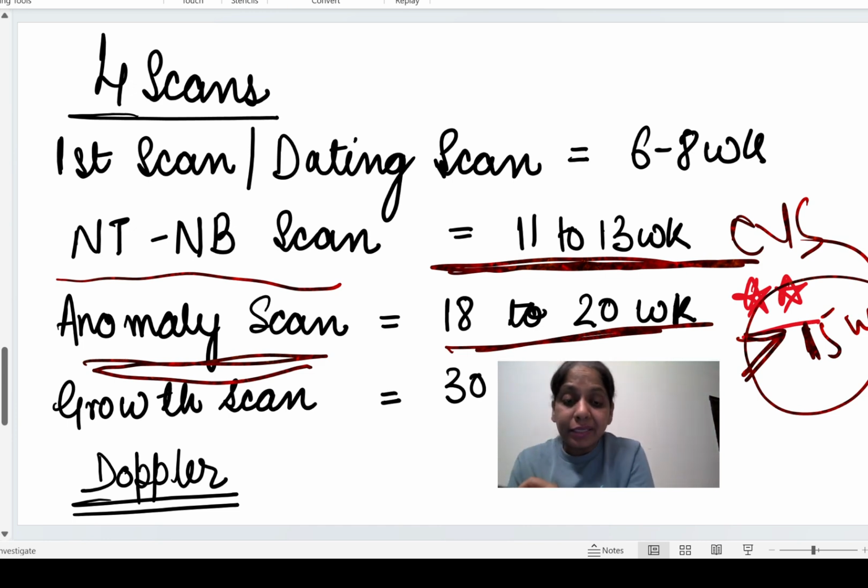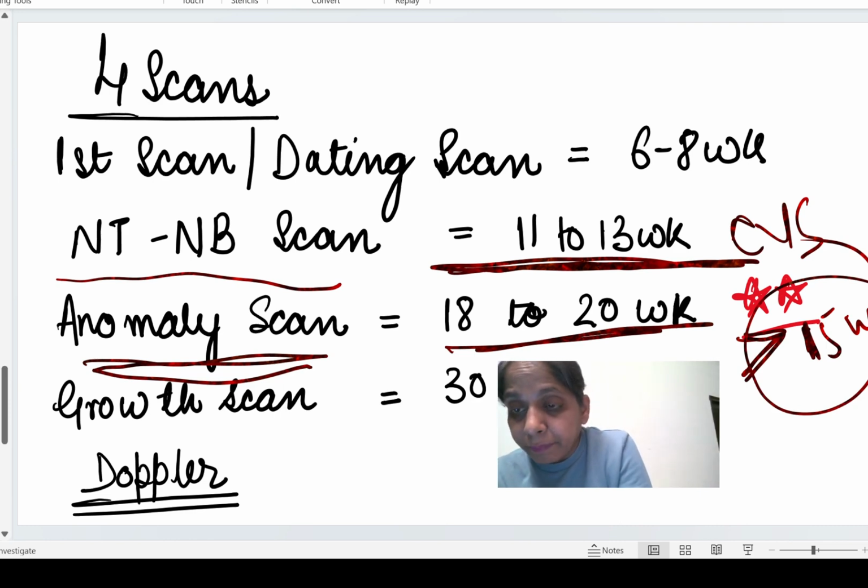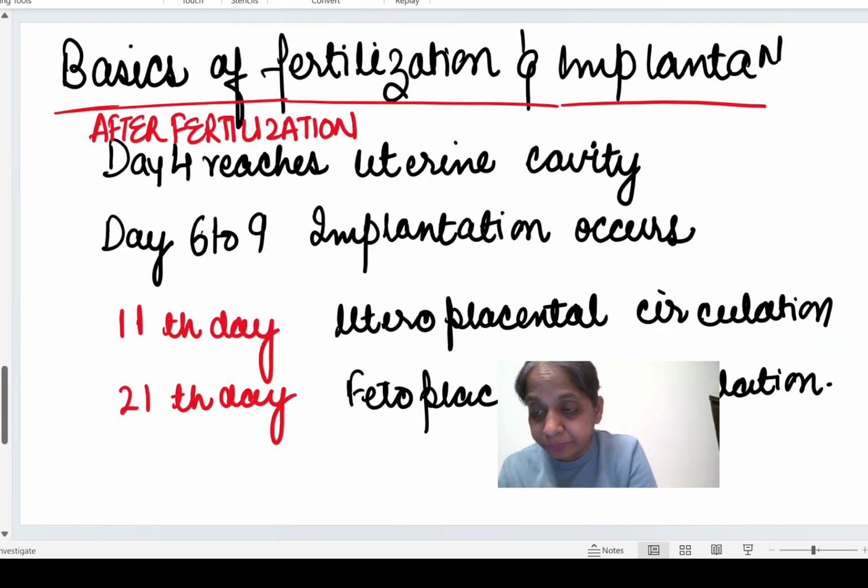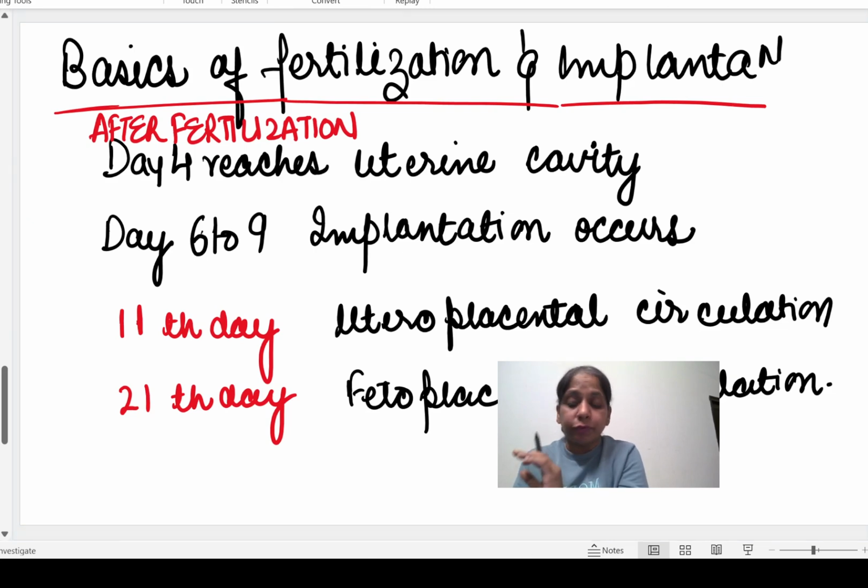Okay, next is the basics of fertilization. What are the basics of fertilization? During fertilization the zygote is formed.